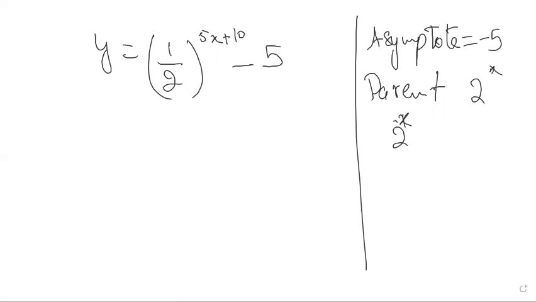Now the next thing here, if I have to transform it from x to y, how am I going to write it? I'm going to write in this form because I can write my 5x plus 10 in a factored form, which will be 5 times (x plus 2). That will help me to write in the transformation form. So keep this in your mind whenever you have to do the transformation, either it's for functions or for exponential functions, you have to write the power in the factored form.